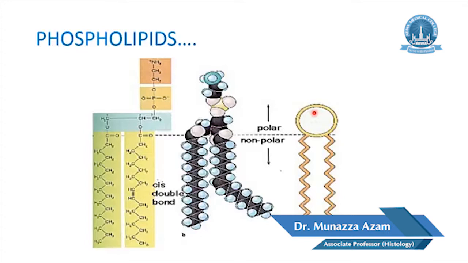Phospholipids are most stable when organized into a double layer or bilayer, with the hydrophobic fatty acid chains located in the middle region, away from the water, while the hydrophilic polar head groups contact the water.